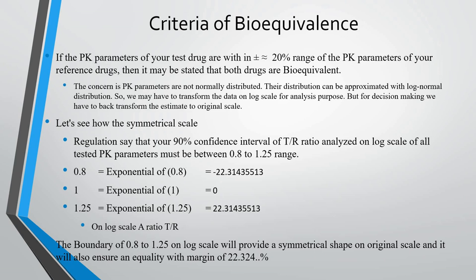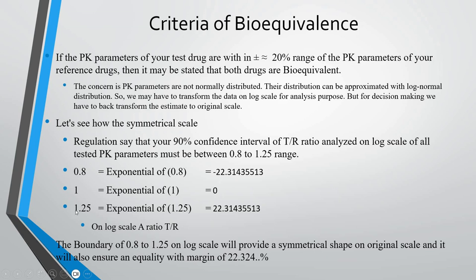And if you take the log, it means log a minus log b equal to log 1, which is going to be 0. So in that way, they have figured out how symmetry can work, and there is 0.8, 1, and 1.25. And we take the exponential of that.